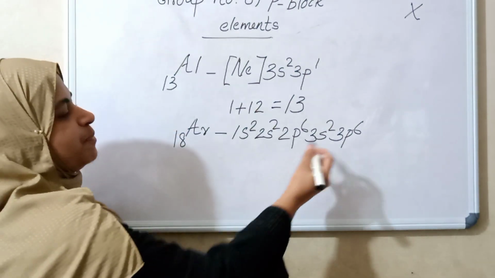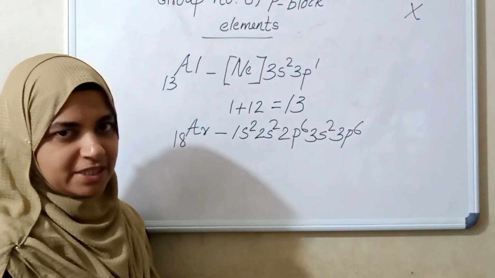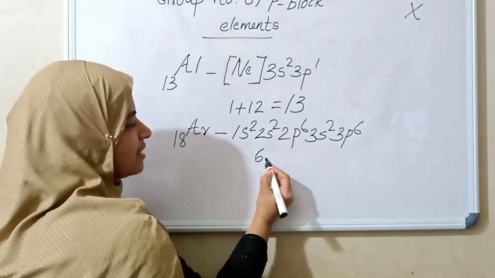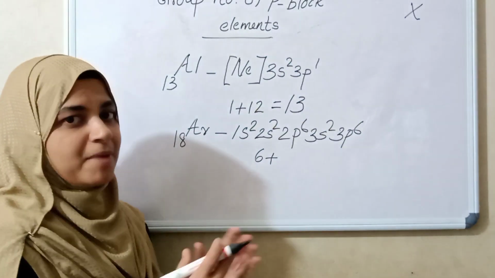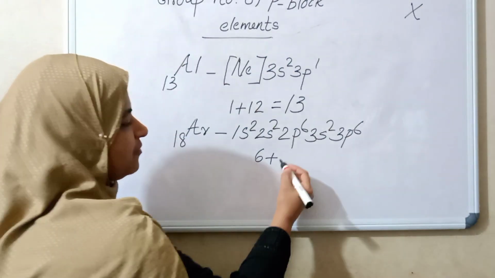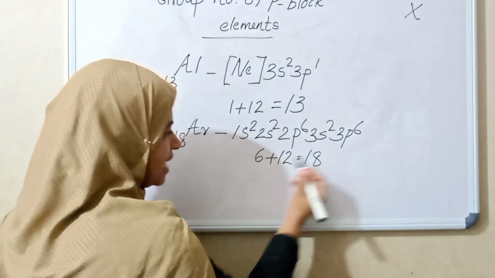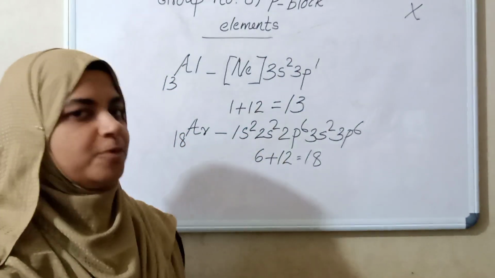Here it is a P block element because the last electron is filled in the P subshell. How many electrons are there? 6 electrons. To get the group number of argon, we must add 12. Therefore, 6 plus 12 is equal to 18. That is, argon is in the 18th group.